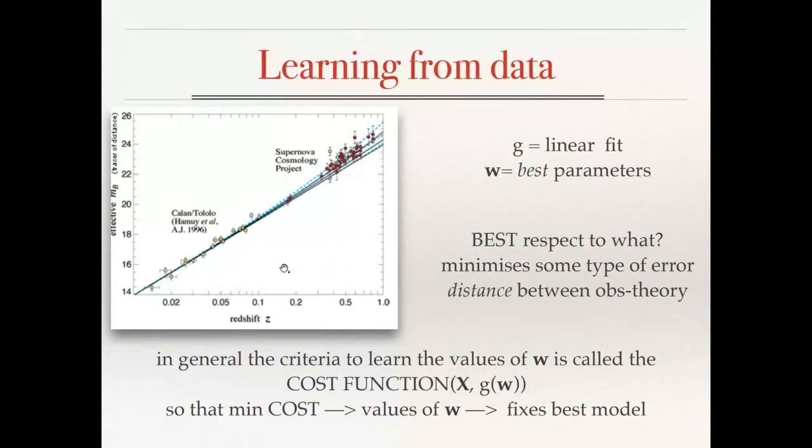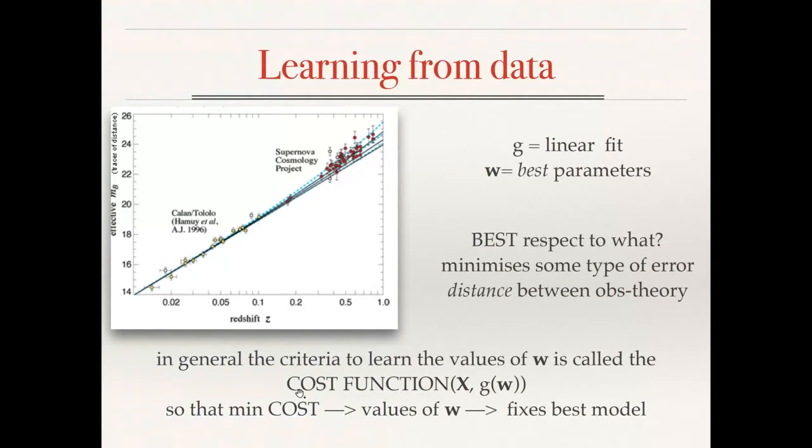Whatever your criteria is, it tends to be a function that takes differences between your prediction and the data. This function, the function that we take as criteria and we try to minimize, is called, in this kind of language, a cost function.